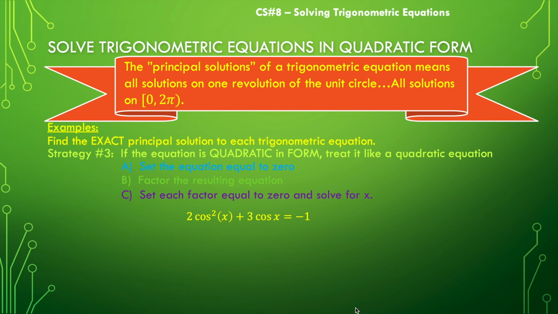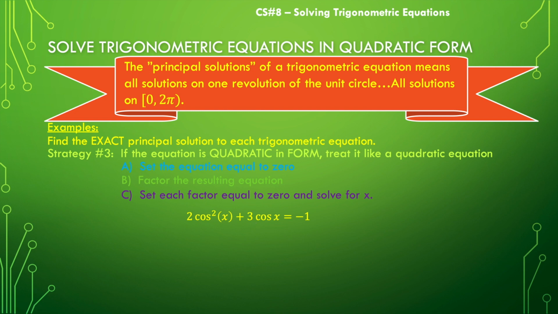With this particular example, we have 2 cosine squared of x plus 3 cosine of x equals -1. Now we know this is quadratic in form because of two things. One, you have only one trig function within the equation. So all I see are cosines. I don't see sine, tangent, anything besides that.